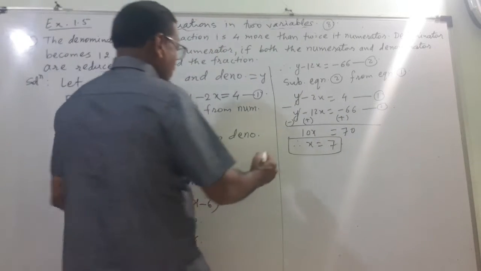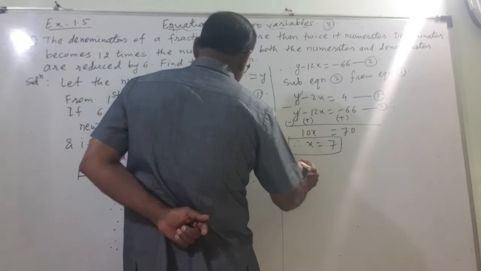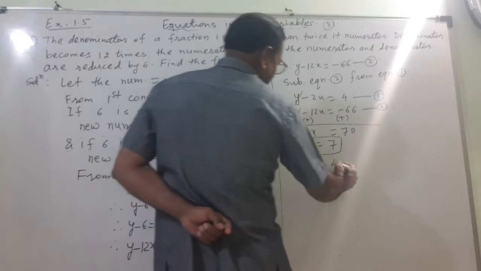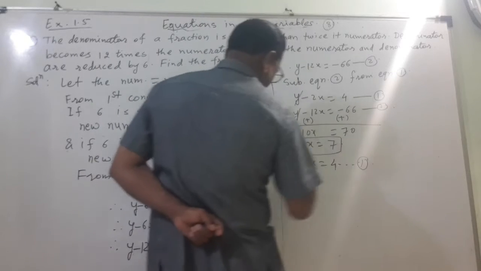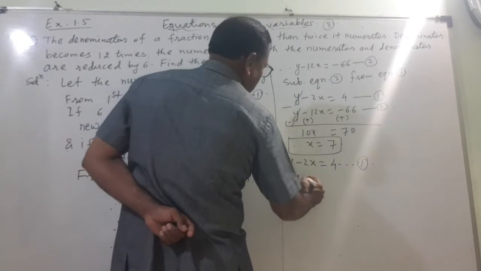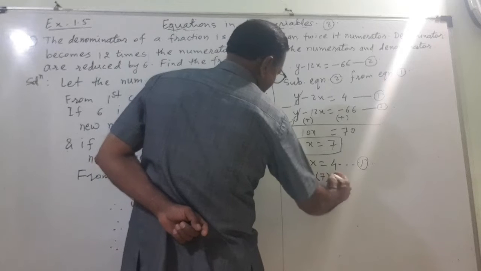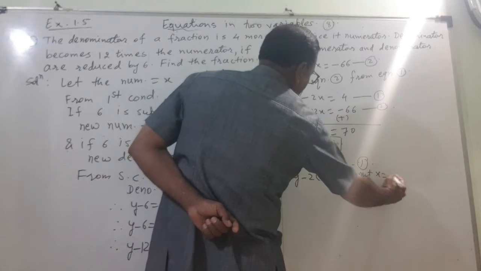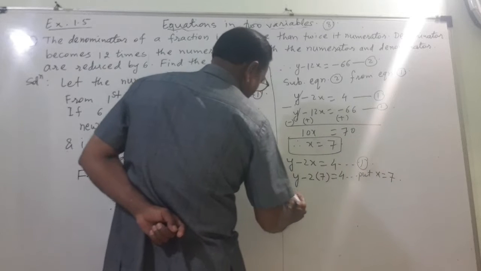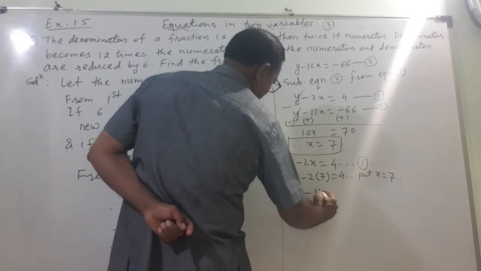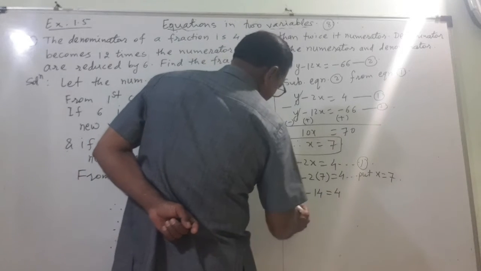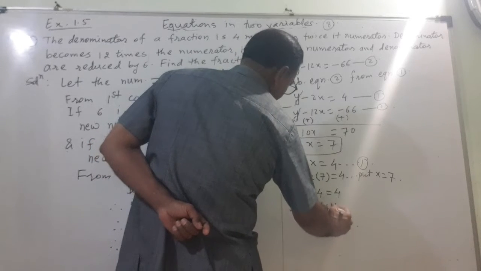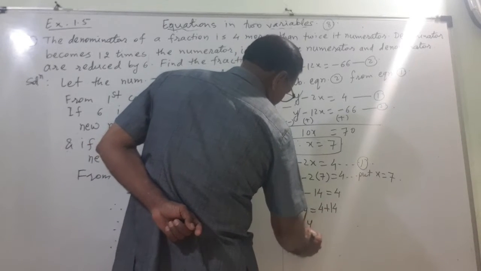I will take y minus 2x is equal to 4, from equation number 1. Therefore, y minus 2 into 7 is equal to 4. Put x equal to 7. Therefore, y minus 14 is equal to 4, and therefore, y is equal to 4 plus 14. Therefore, y is equal to 18.